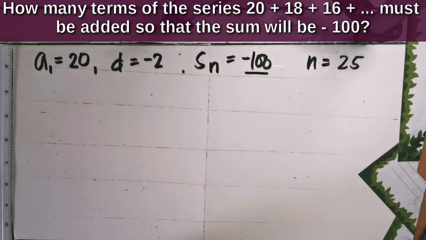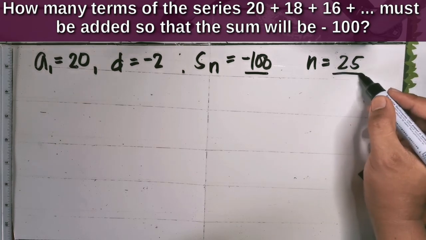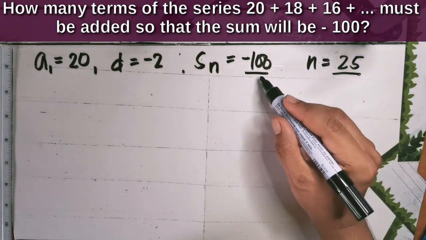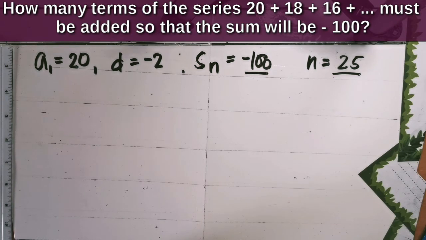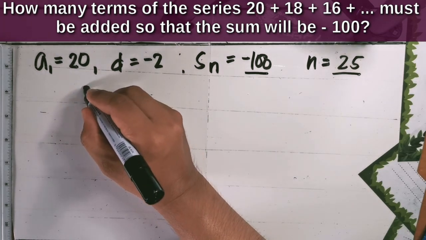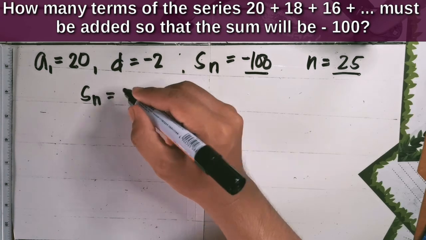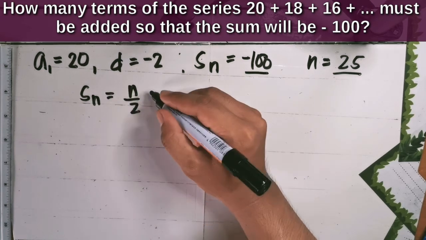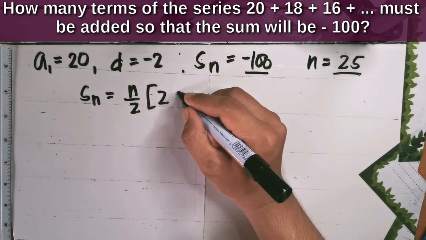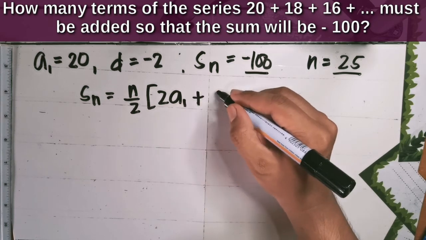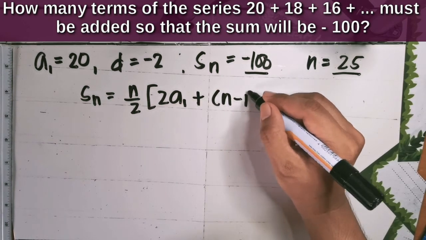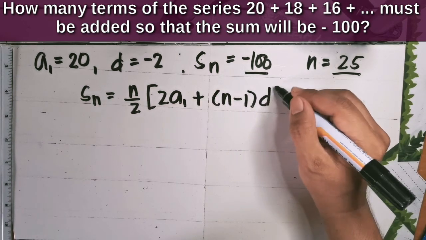Now, let us check if we really have 25 terms to get a sum of negative 100 from the series 20 plus 18 plus 16 plus so on. Okay, so let's use the formula. S sub n is equal to n over 2 times the quantity 2a sub 1 plus the quantity n minus 1 times d.